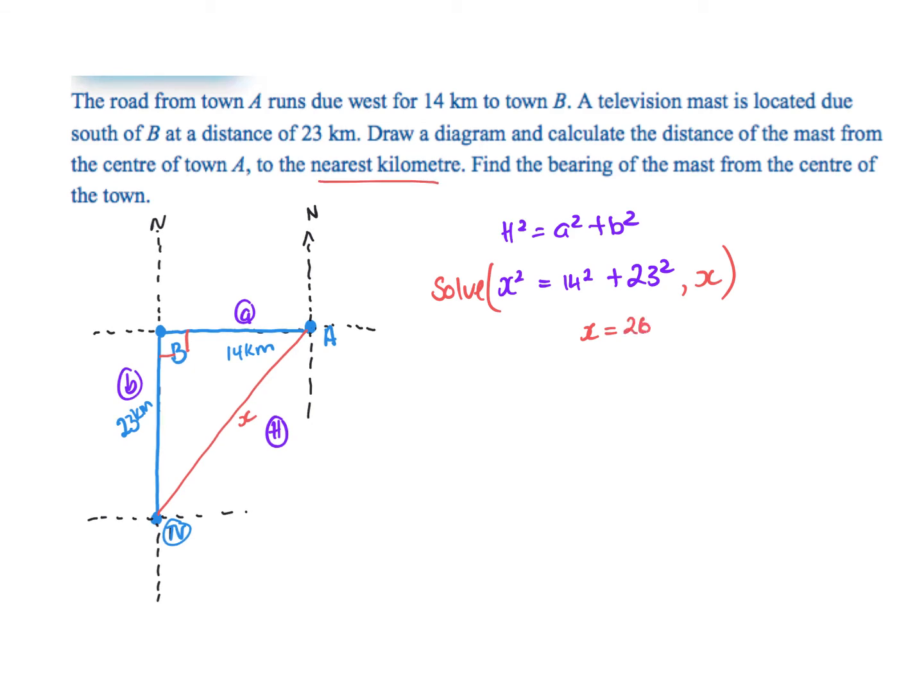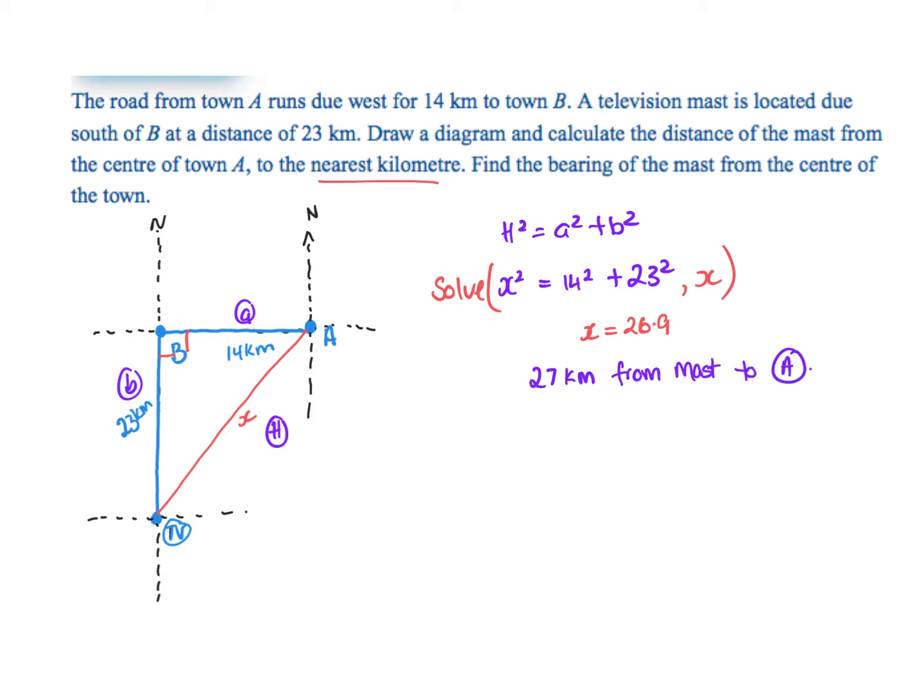It was 26.9. So I'm going to say the distance, calculated to the nearest kilometre, is 27 kilometres from mast to town A.